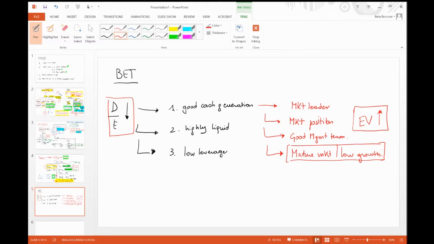Okay? So, not all the candidates are good candidates for an LBO. And when selecting the TCO or the OpCo, be aware of the fact that if you are not successful in curbing debt or increasing the enterprise value, you might have serious problems later on. Okay?